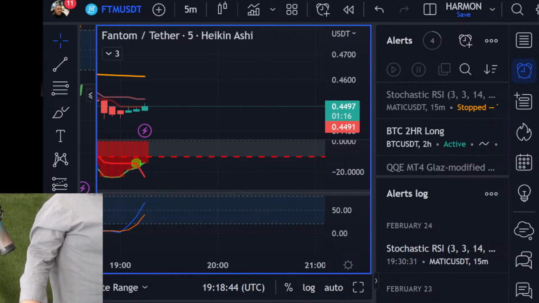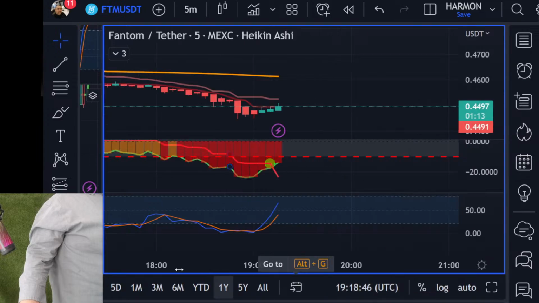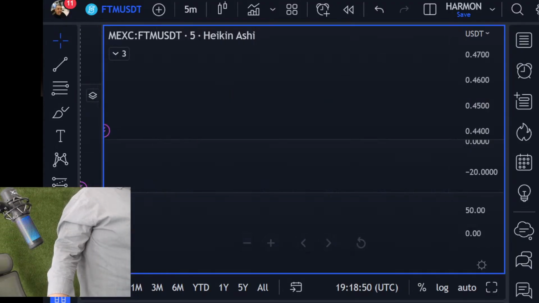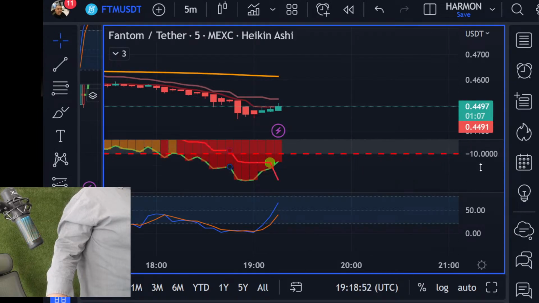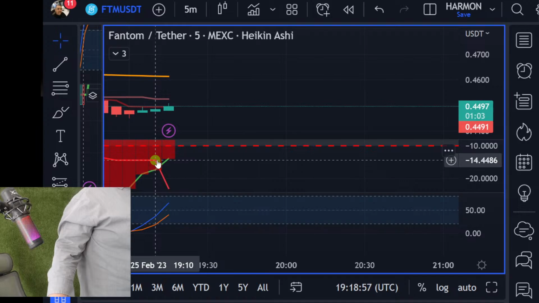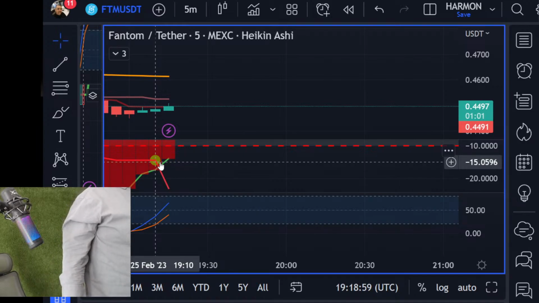Need that red moon right there. Red moon, we're in, guys.